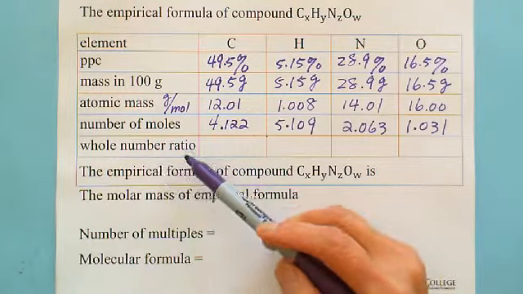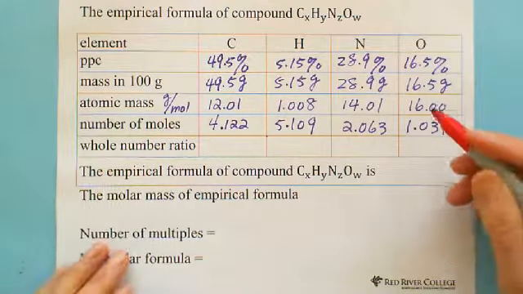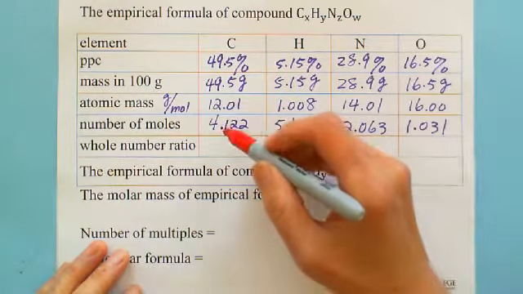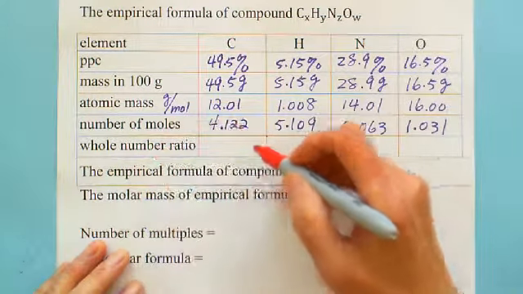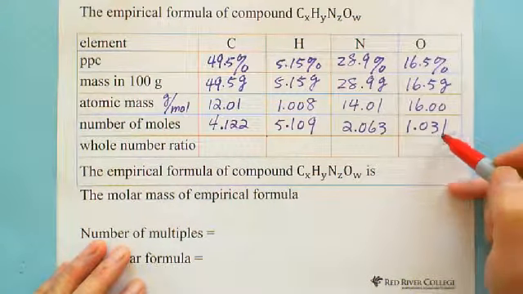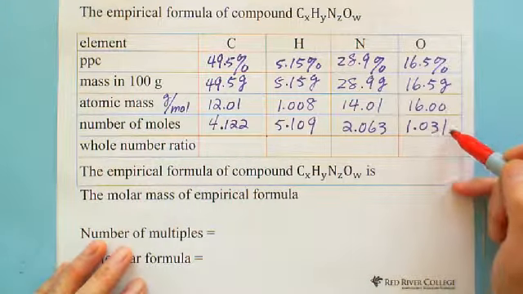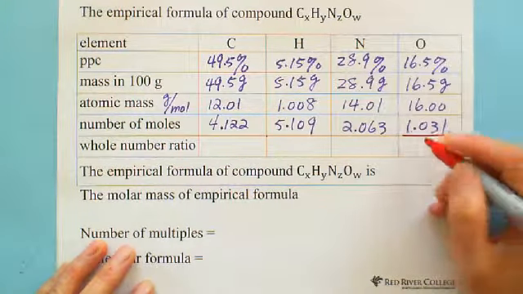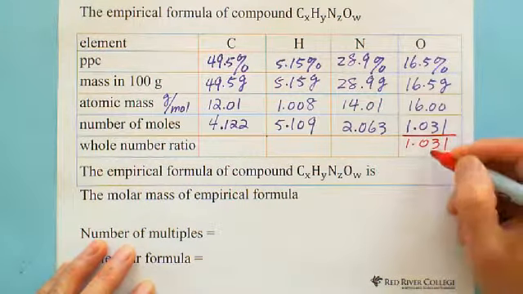And then we get the whole number ratio. Same thing, we find the whole number ratio using the moles. We divide by the smallest number, 1.031. Divided by 1.031, this is equal to 1.